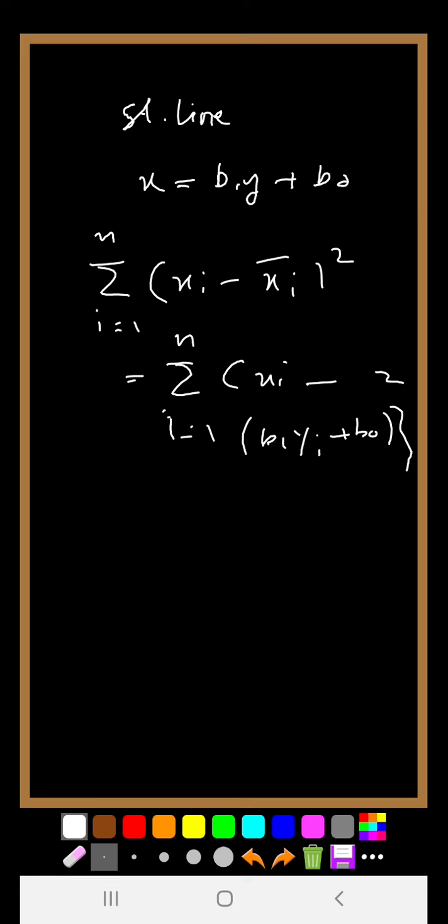Now the straight lines obtained in these two cases are different. That means y = a1 x + a0 and x = b1 y + b0, these two lines are different.